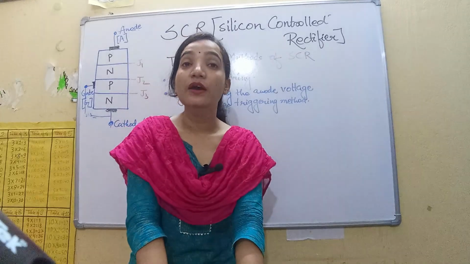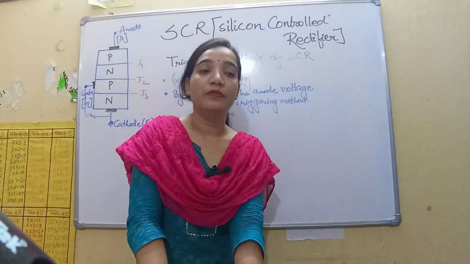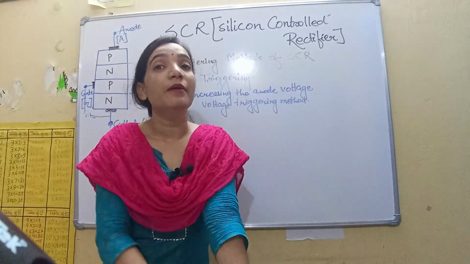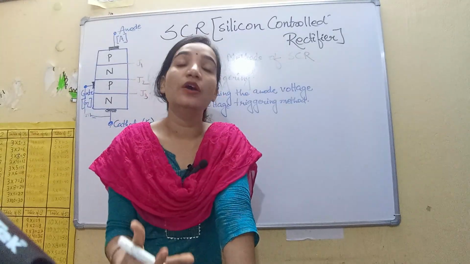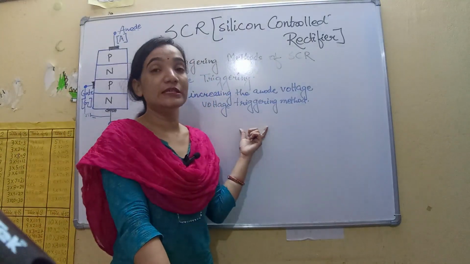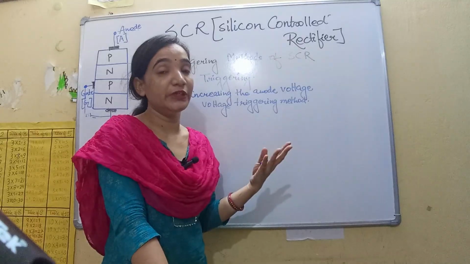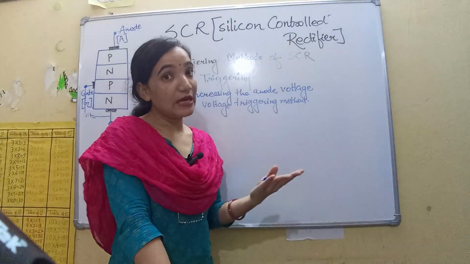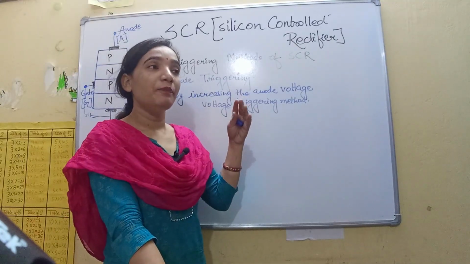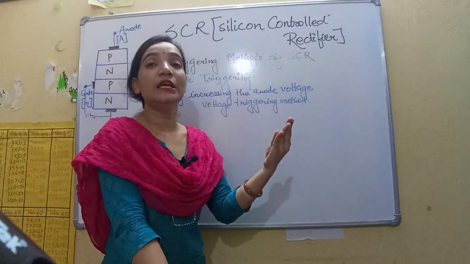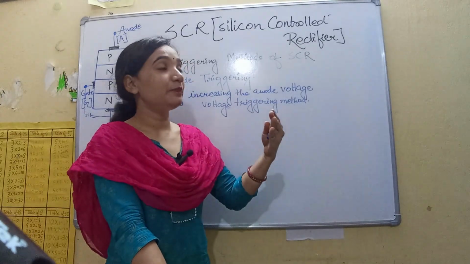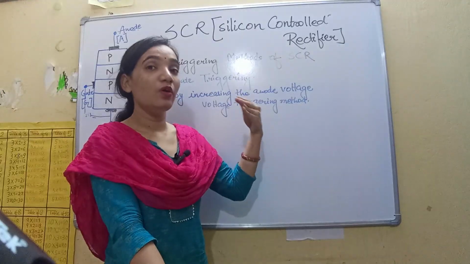In SCR, we were trying to make the SCR conduct by increasing the voltage. Means if we increase the anode voltage and it crosses the breakover voltage, then our SCR starts to conduct. Means our purpose is to pass the breakover voltage, and if you pass the breakover voltage, the SCR starts to conduct.